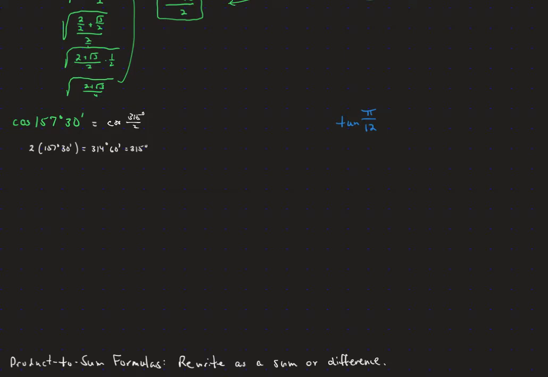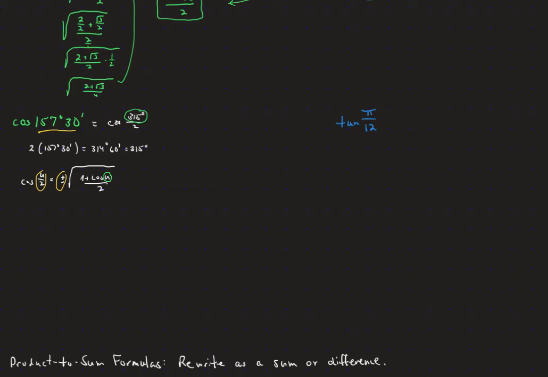So using our half angle formula that says the cosine of u over 2 will be plus or minus the square root of, I guess it's 1 plus cosine of u over 2. So remember, the plus or minus is going to be determined by what quadrant this angle is in, and then separate from that, we are going to say this u is going to be that angle that's being divided by 2.